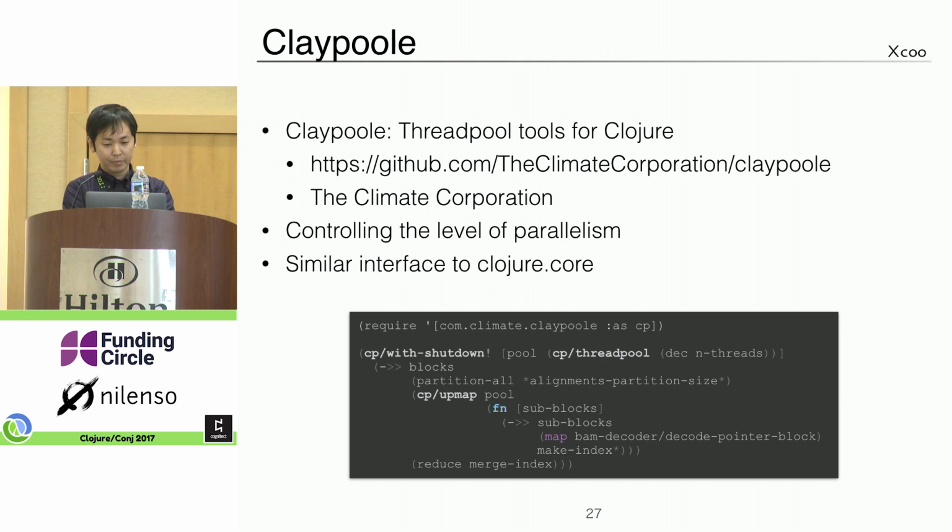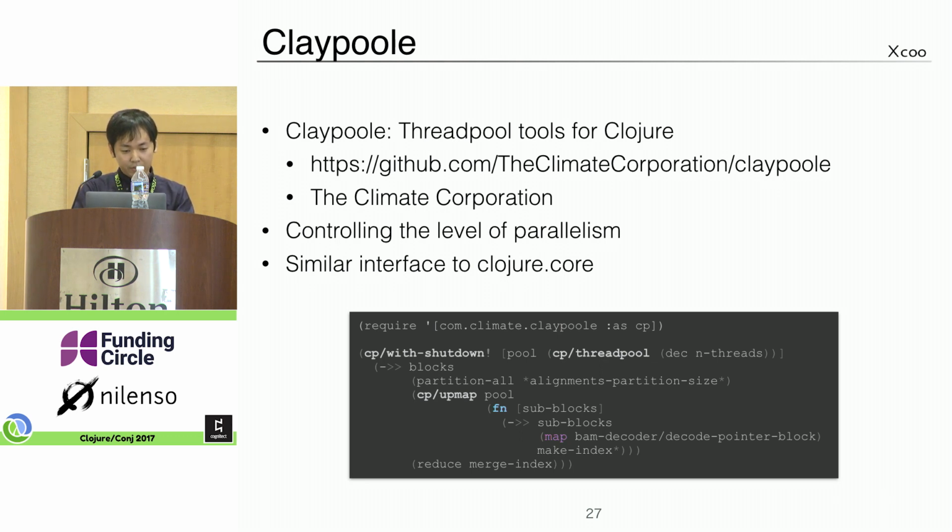Claypool's pmap receives a thread pool as the first argument, so we can control parallelism, like the number of threads, kinds of threads, and thread lifetime. In addition, Claypool's functions are similar to Clojure core functions, except for the first argument, so it is easy to make the sequence processing concurrent.